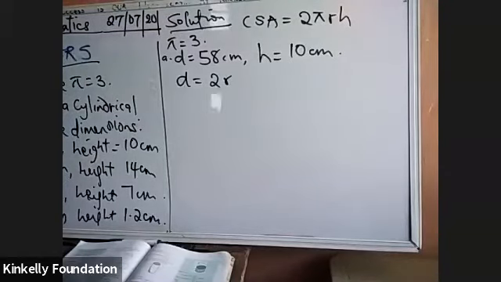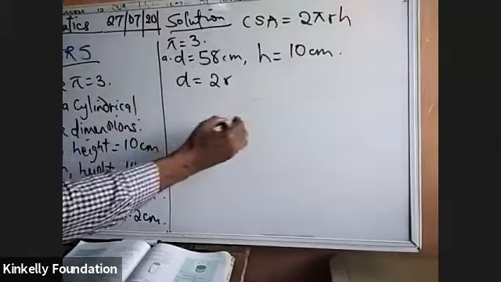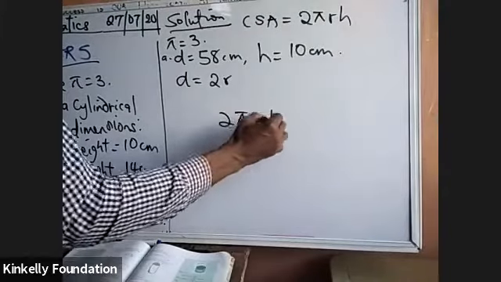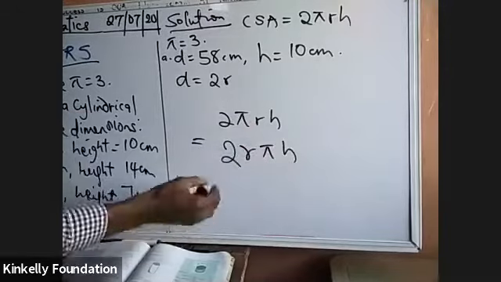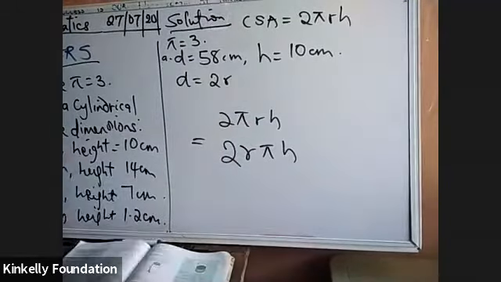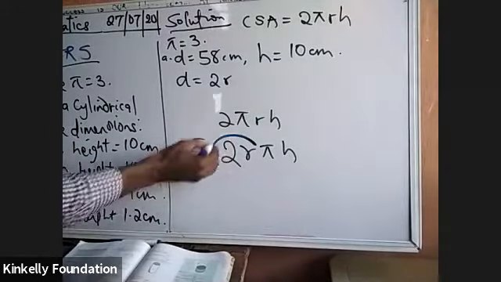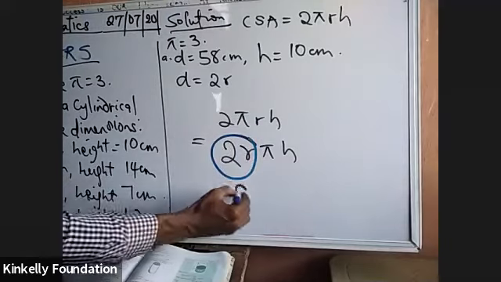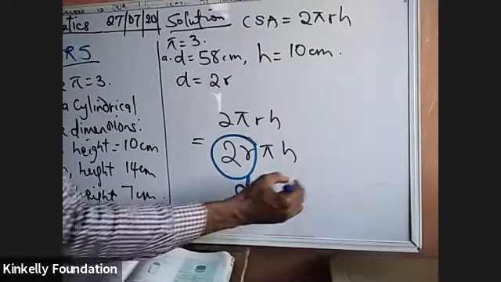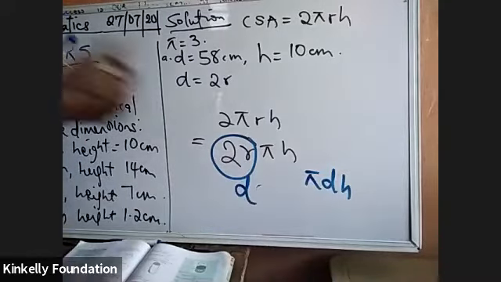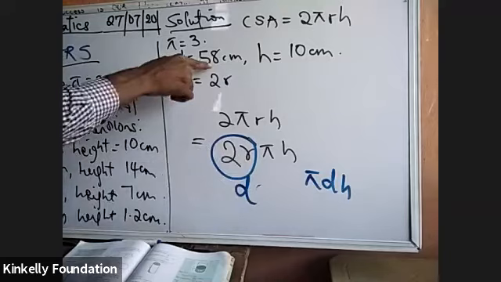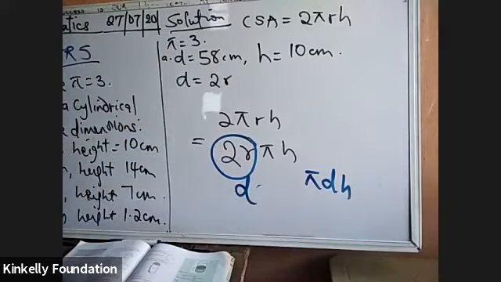Noting this formula, 2 pi r h can also mean 2 r pi h. And now, if you want to replace this with your D to be pi d h, you are free. If you still want to use your r, you are going to divide this thing by 2. So these are the two processes you can take.